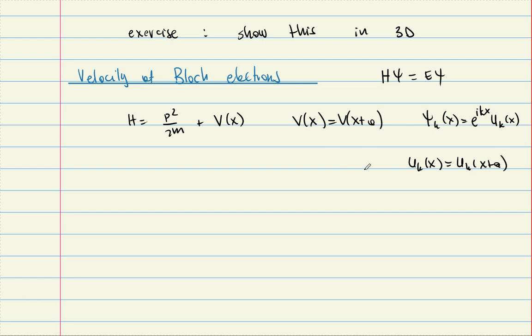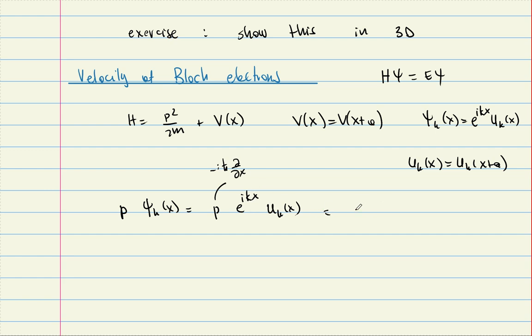Now I want to hit this wave function with momentum. p times psi_k of x is p times e to the i kx u_k of x, and p is minus i h bar del del x. When I use the chain rule, I can hit with the derivative here or here.